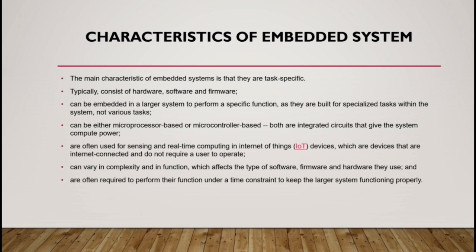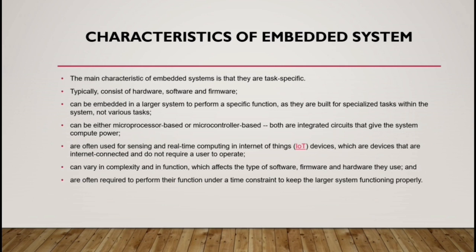Talking about the main characteristics, it is a task-specific system. It typically consists of hardware, software, and firmware. An embedded system can be a large system for a specific function. It can be based on a microprocessor or a microcontroller, or it can be an integration of both circuits, having computing power.